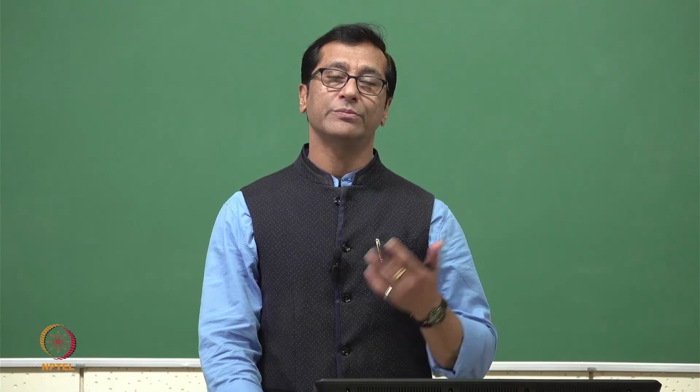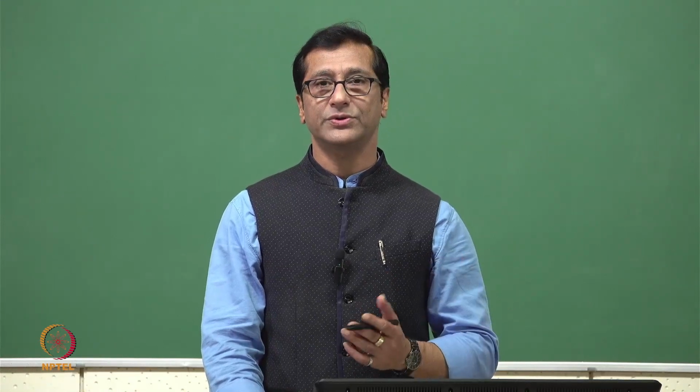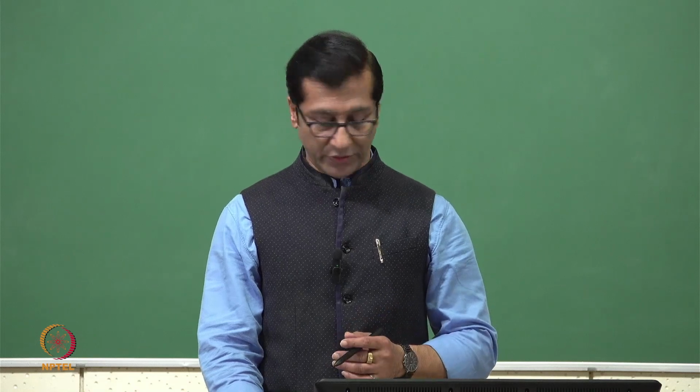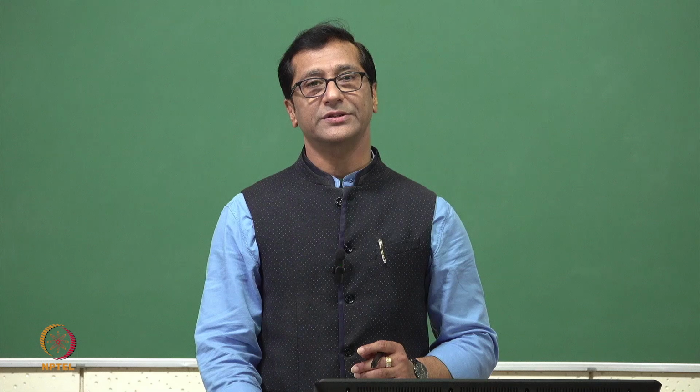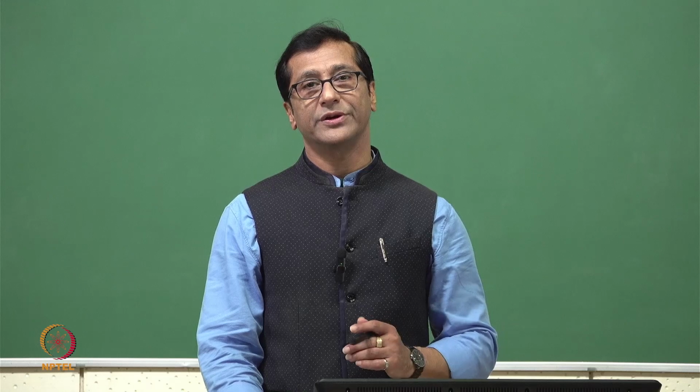However, as I mentioned, if I improve the grease type, then there's a possibility that I can extend this value also. Again, the same suggestion in this case: we can reduce the bearing length from 80 mm to 70 mm, or reduce the diameter if possible, or go for thinner oils. So these suggestions can help us in a bigger way.